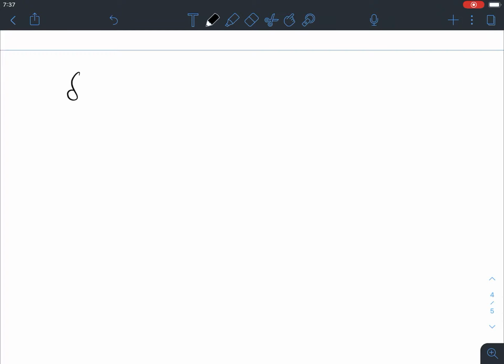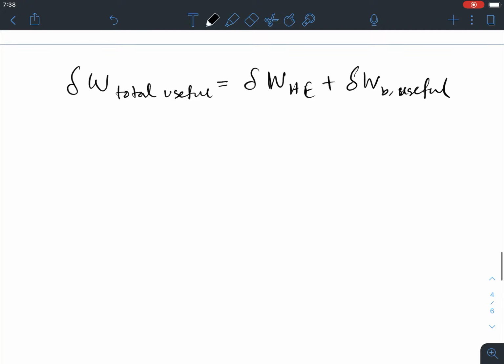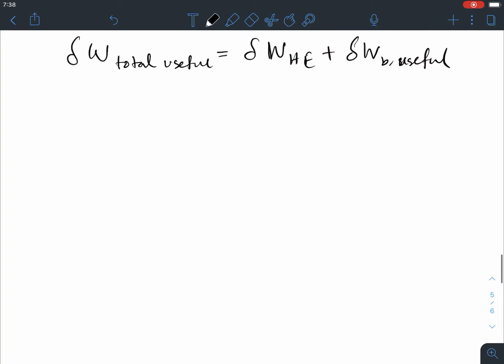So what is the total work generated in this system? Delta W total useful equals delta W heat engine plus delta W B useful, right?